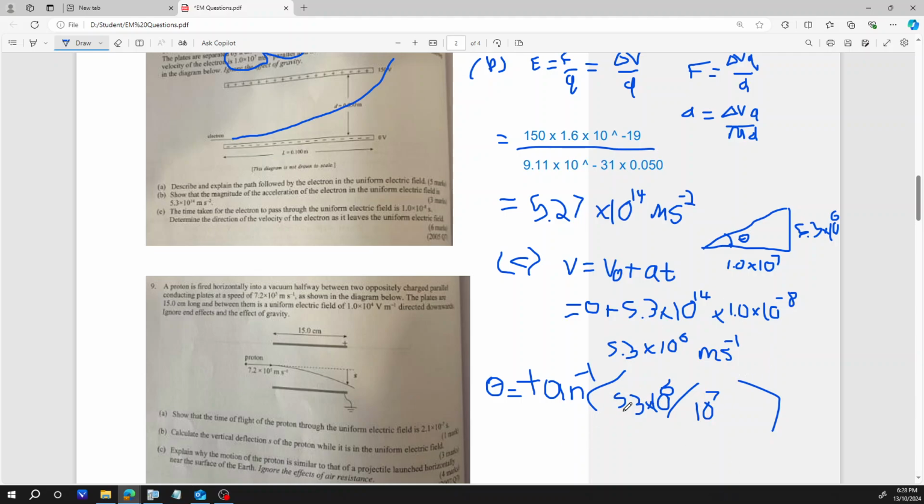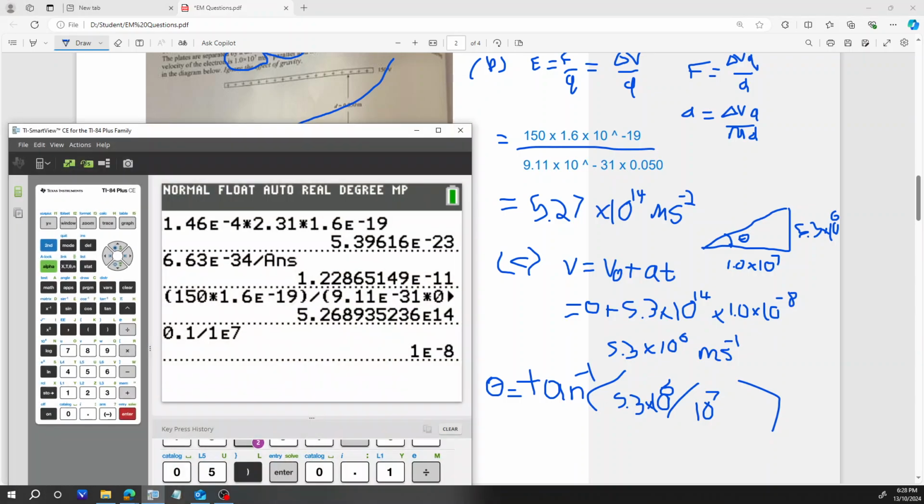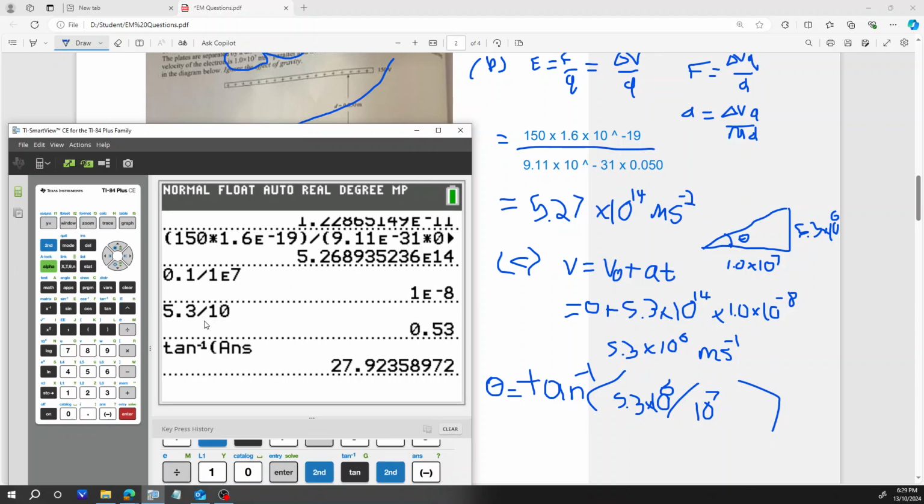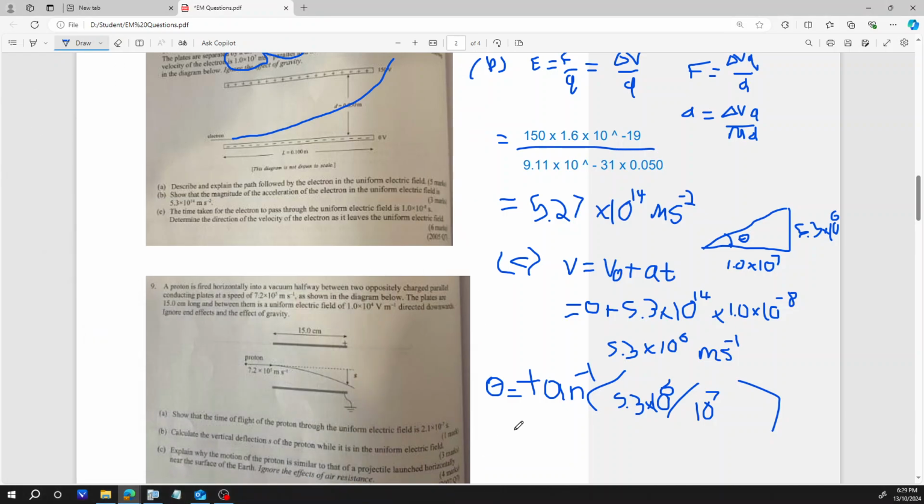Like I said, that's basically 5.3 divided by 10. You can do it the full way if you want to check for yourself. Do the inverse tan of that. So we have an angle of 27.9. Okay, so equals.